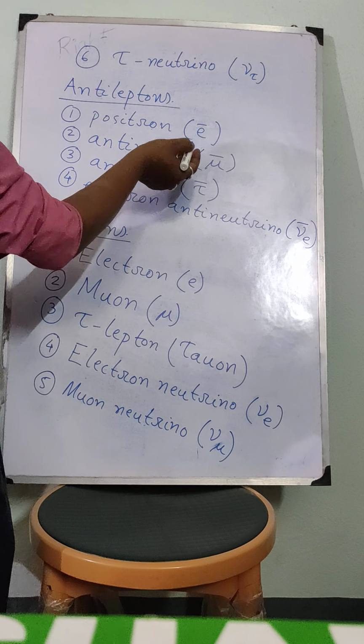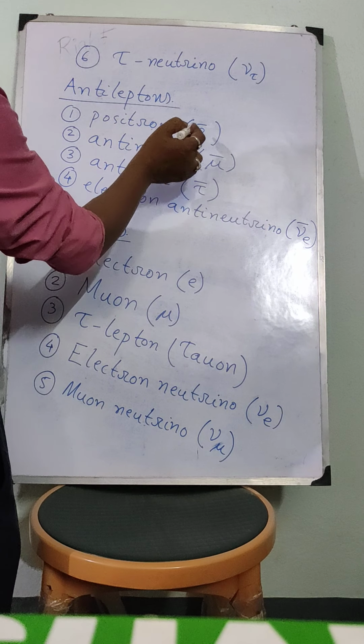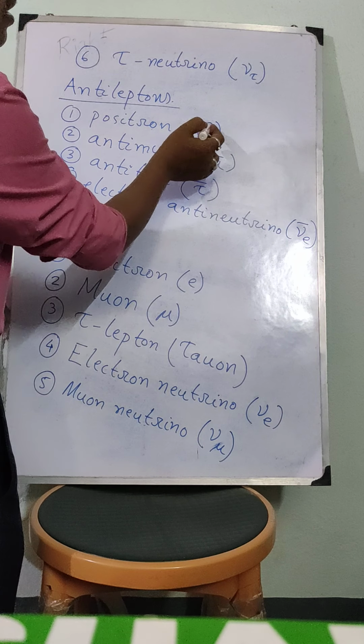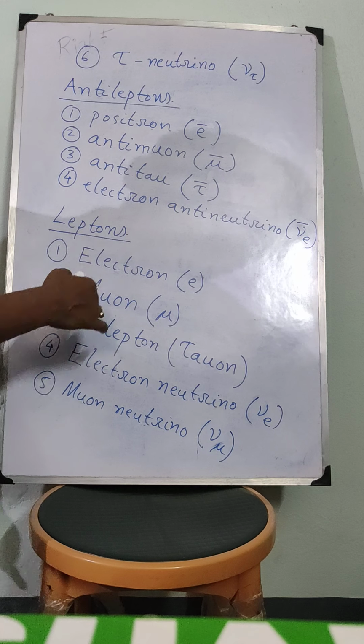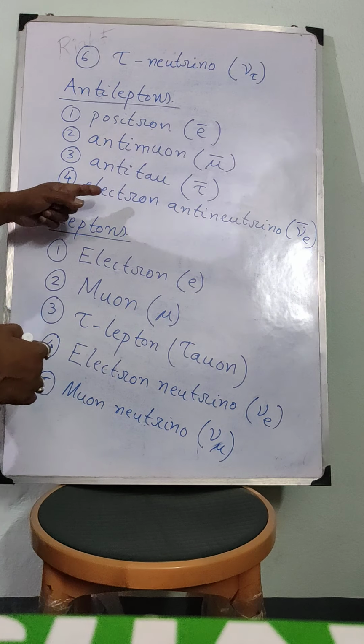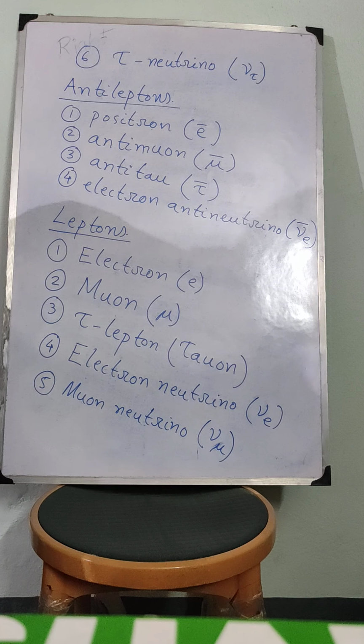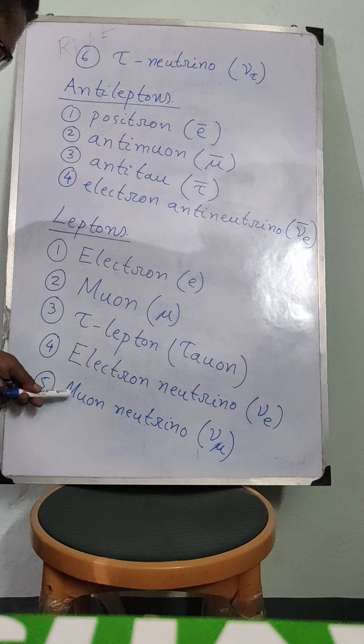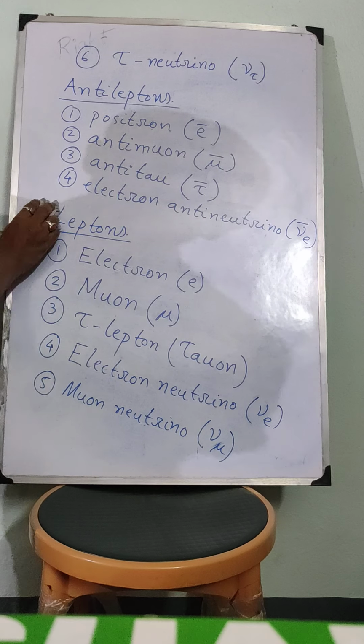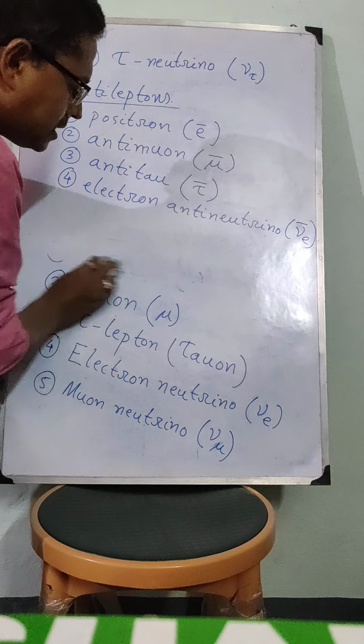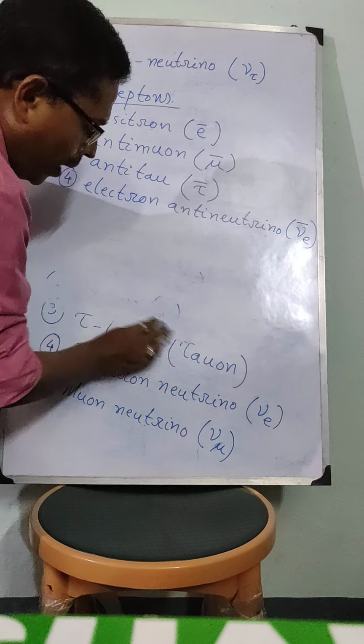So the antiparticles are denoted by putting a bar over their corresponding particles. So electron antineutrino, then we have muon antineutrino, and last is tau antineutrino.